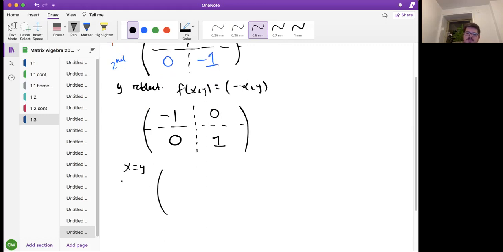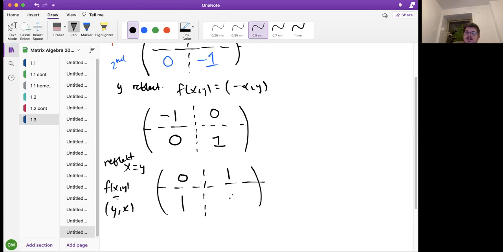What was the reflection over x equals y? It was f of x, y equals y, x. So in the reflection over x equals y, what's the first row going to read? 0, 1. Yeah, there are no x's in the first coordinate, there is 1 y. And in the second coordinate, there's 1 x and 0 y's.